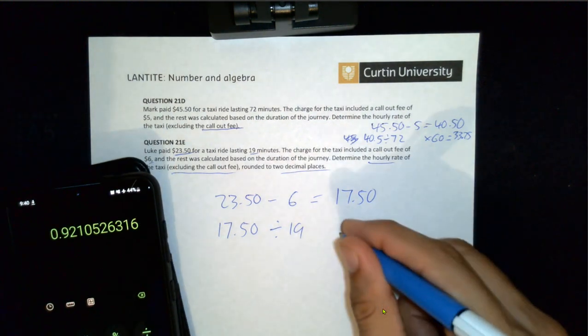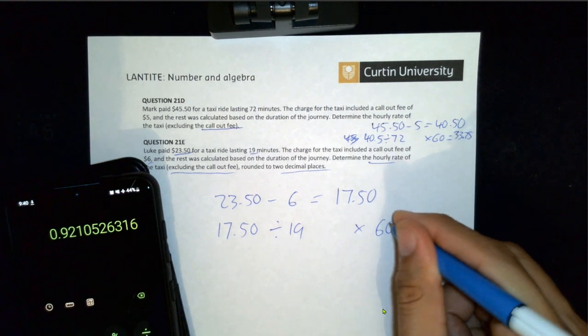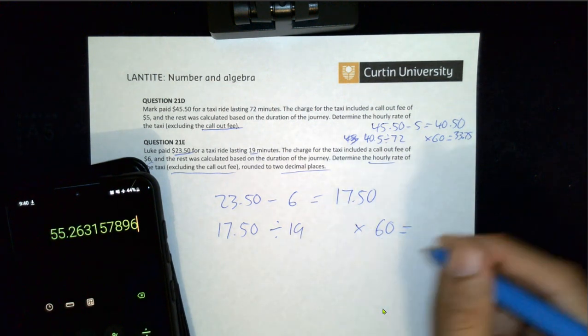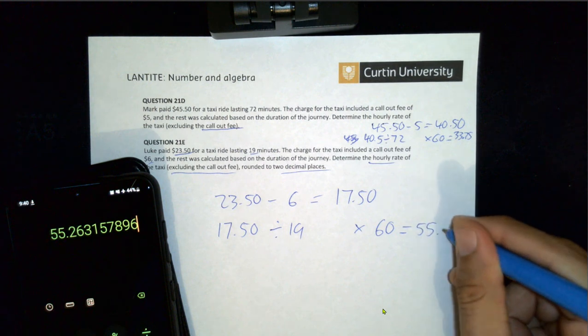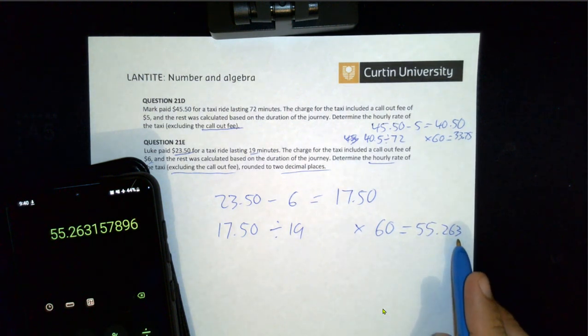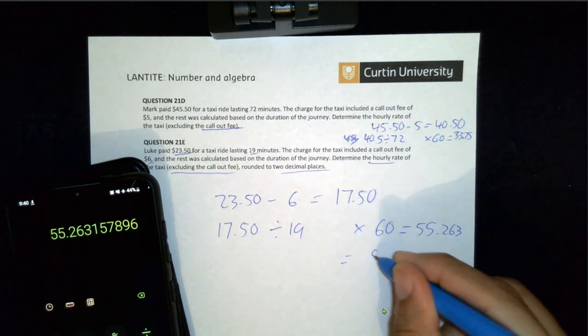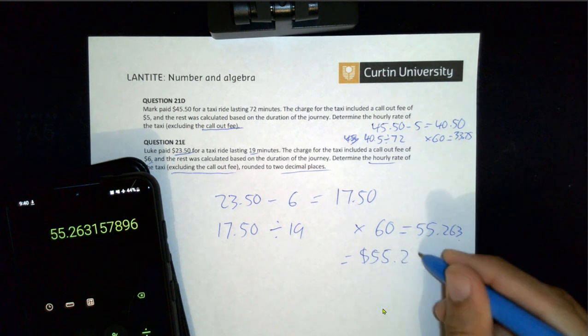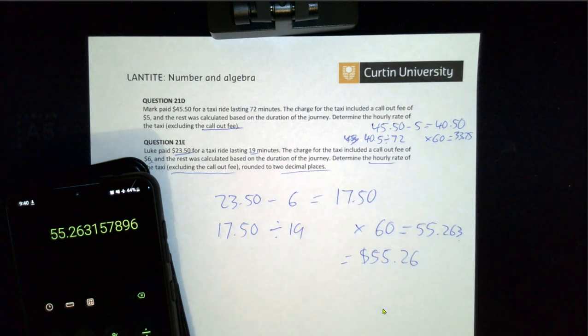And then we need to times that by 60 to get dollars per hour for 60 minutes in an hour. 55.263. 3 is obviously less than 5, so that's when we round down. The answer will be $55.26.